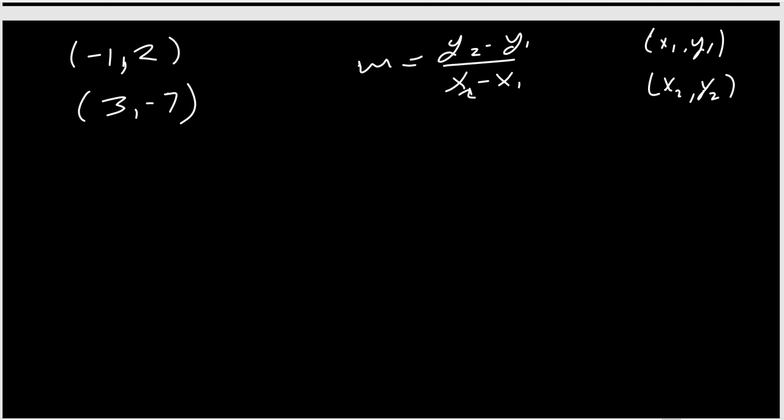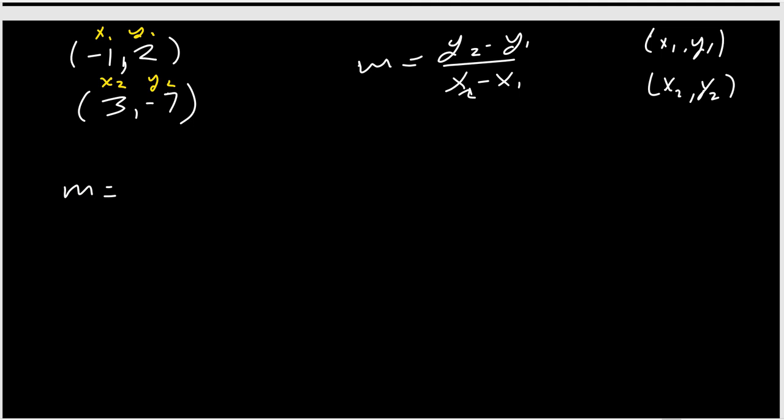So one thing that you should probably do, at least at first, is label your points, because sometimes it's really easy to mix up your x's and y's. So I would go up here and label this x1, y1, and x2, y2, just so that when I make the substitutions, I don't get too confused.